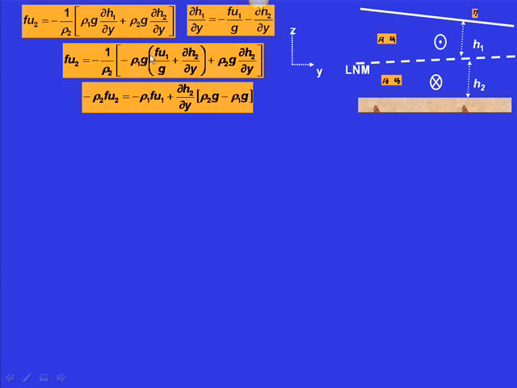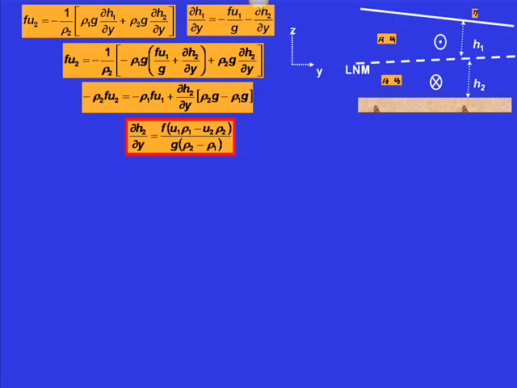Then we have this term and that term, and this g goes with that g, so we have rho 1 Fu1, which is right there, and then rho 2 is moved over here, so we have rho 2 Fu2. So we solve for dH2 dy, and it's straightforward.